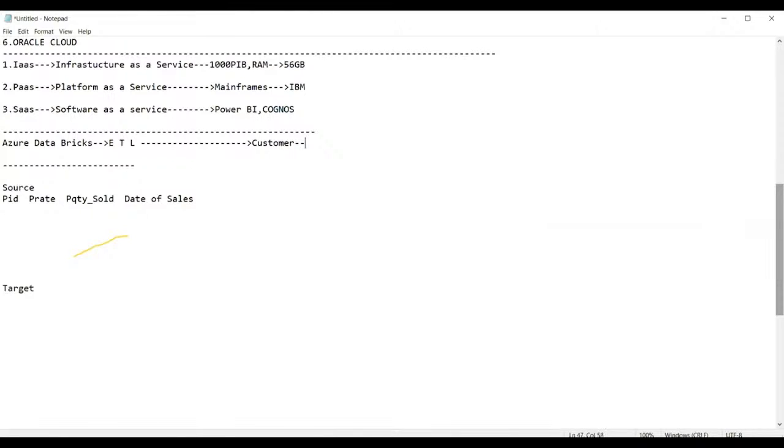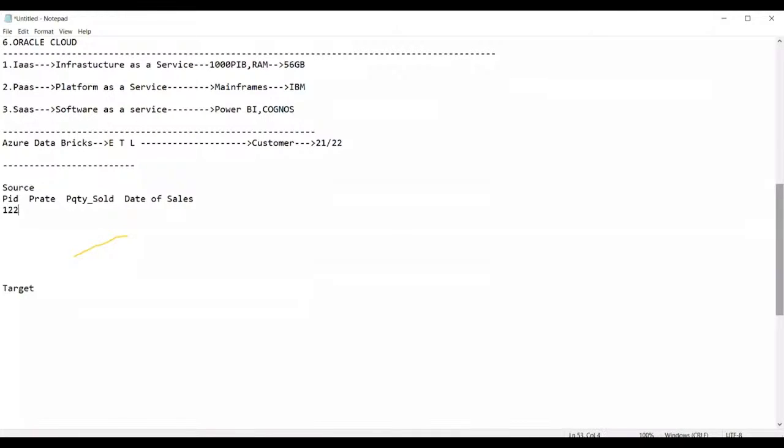This customer wanted to know the sales difference between the 21st of this month and the 22nd of this month, whether the sales have increased between these two dates or not. To report this to the customer, you require the source, consisting of the following information: product ID, product rate, product quantity sold, date of sales.